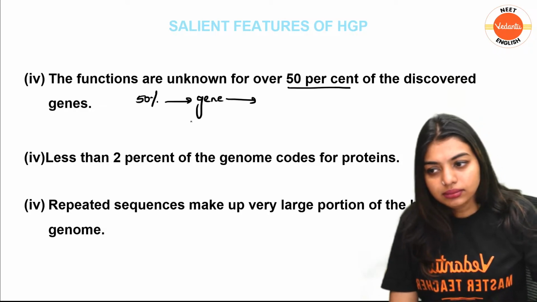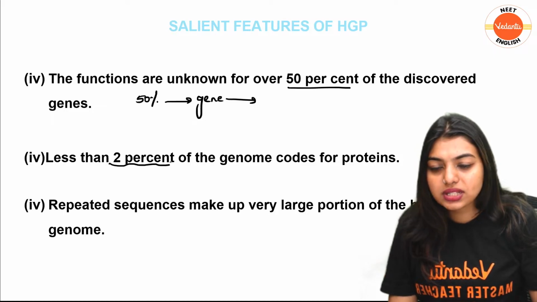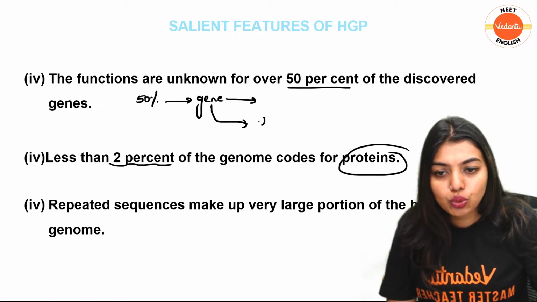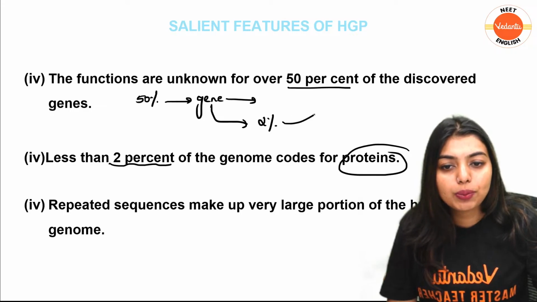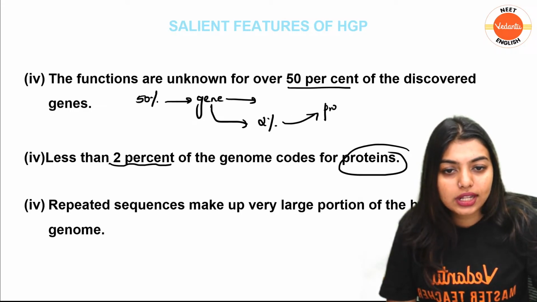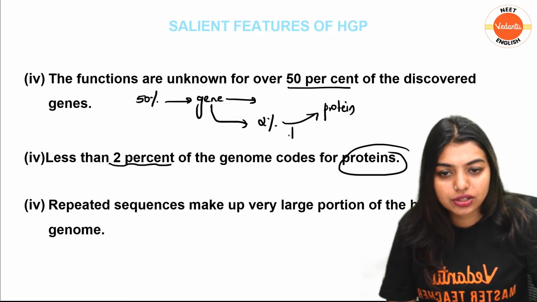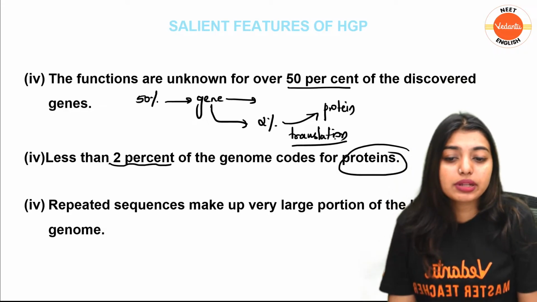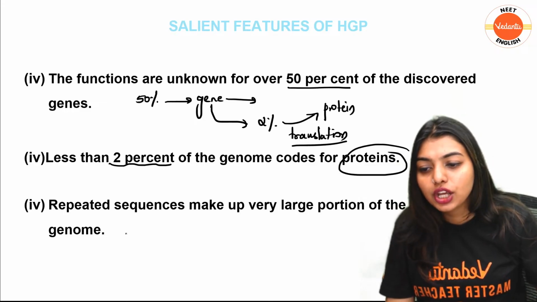Less than 2% of the genome codes for protein. Out of these, only 2% will code for proteins or do translation. Repeated sequences make up a very large portion of the human genome.